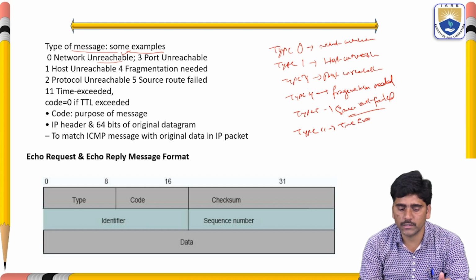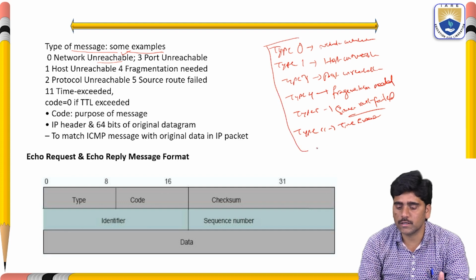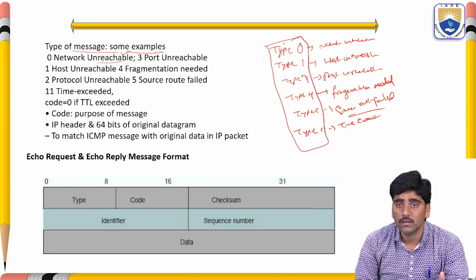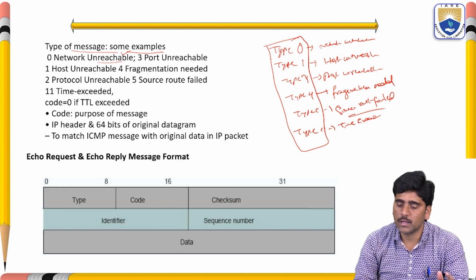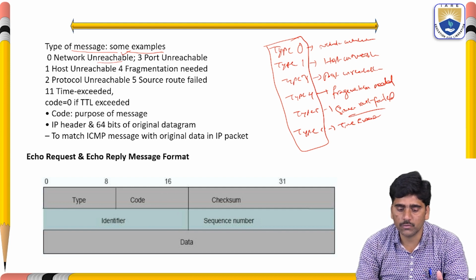All these types indicate error messages: type 0 network unreachable, type 1 host unreachable, type 2 protocol unreachable, type 3 port unreachable, type 4 fragmentation needed, type 5 source route failed, type 11 time exceeded.